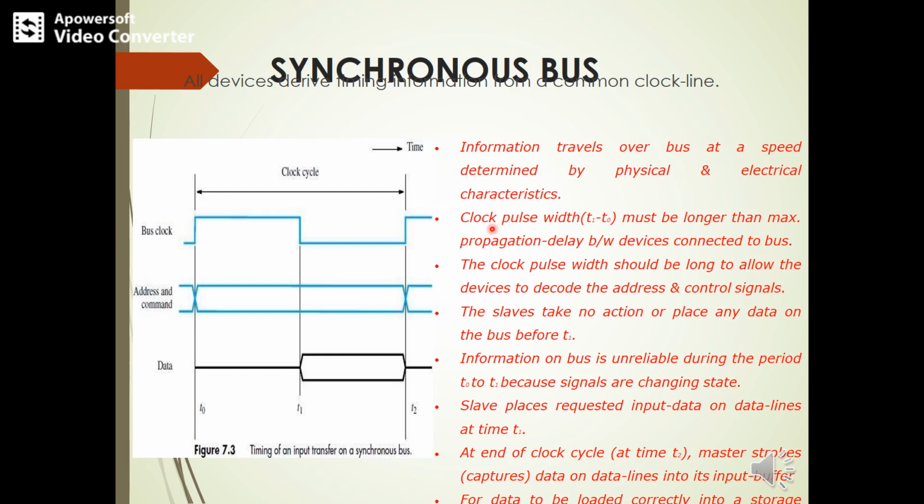We have the clock pulse, which must be longer than the maximum propagation delay between the devices connected to the bus. The clock pulse width should be long enough to allow the devices to decode the address and the control signals. The slaves take no action or place any data on the bus before T1.